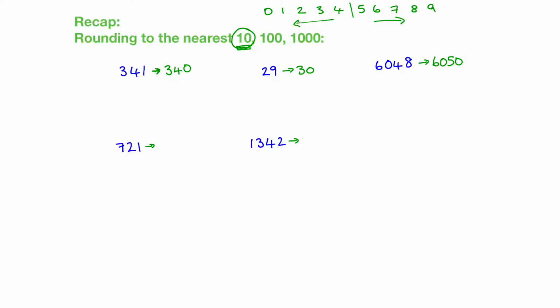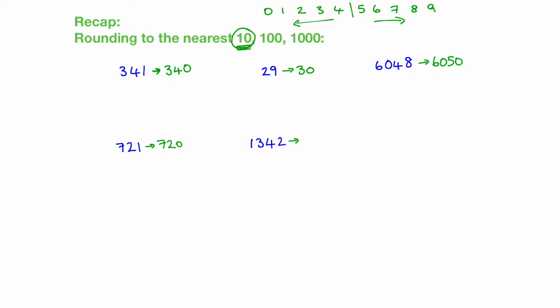We're going to now round 721 to the nearest 10. So we underline the tens digit, 721. We circle the 1. The 1 tells us to leave the 2 as meaning 20. We don't need to move it up to 30. So then we've got 720 for our answer.